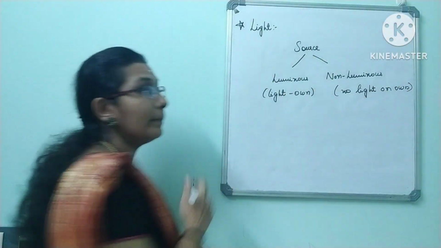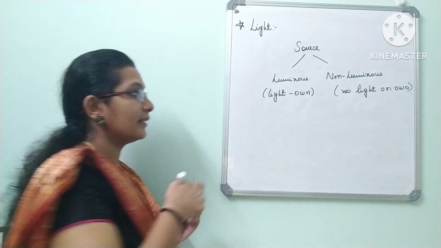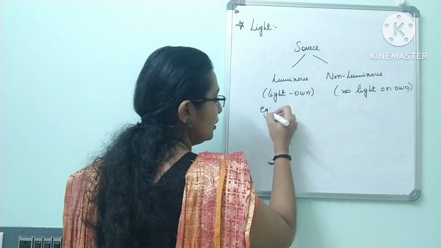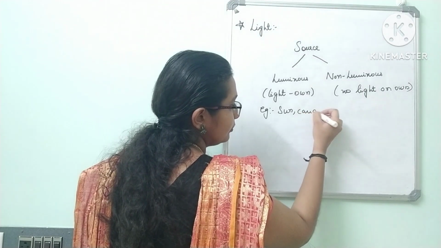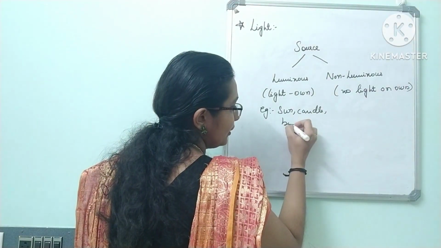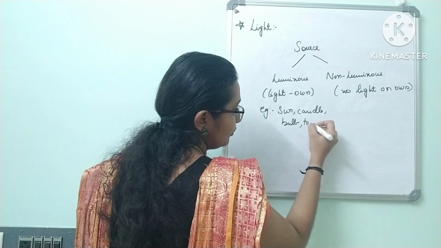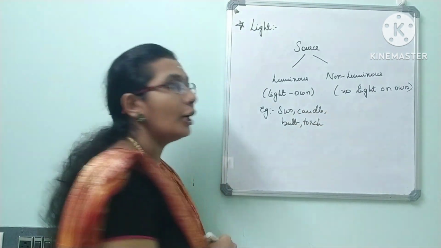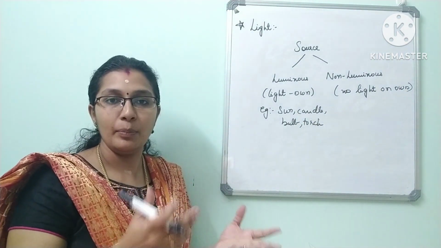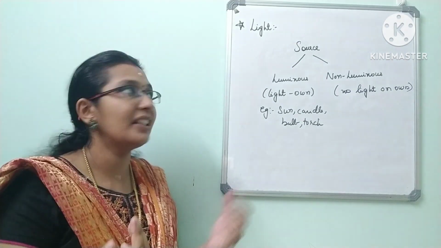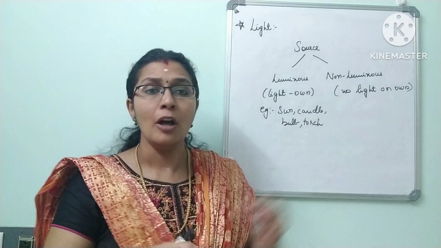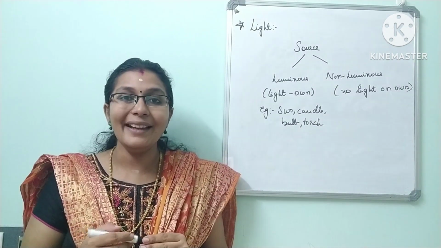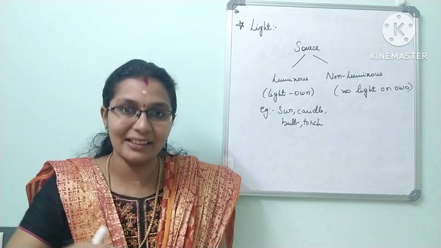What are the examples that we can give for luminous? Sun, which has light on its own. Then candle, bulb, torch, etc. Non-luminous: desk, paper, book, table, even we humans don't have any light on our own, right? So these are all examples of non-luminous objects. Then how are we able to see things like this?